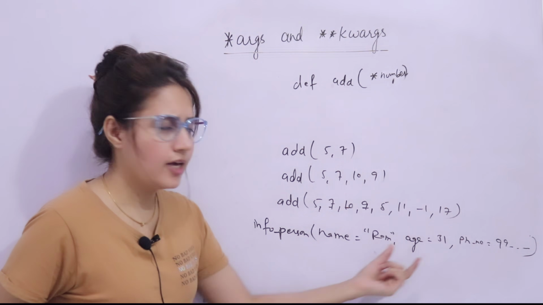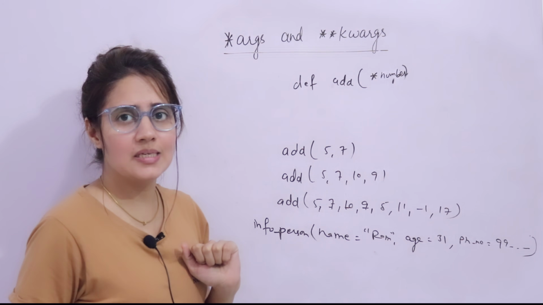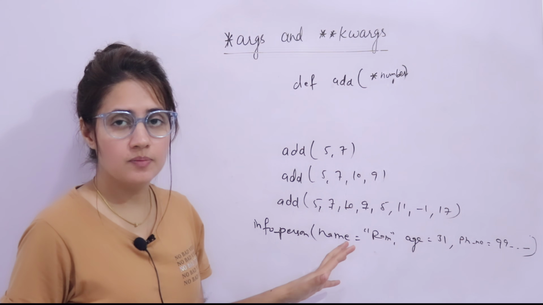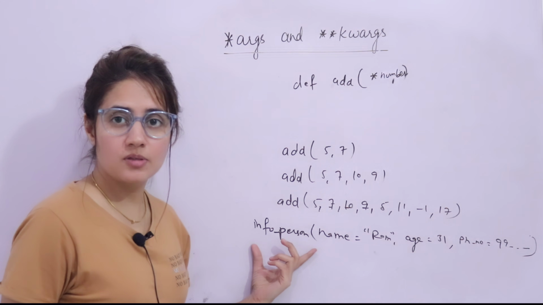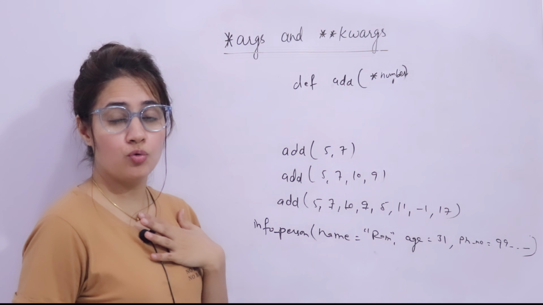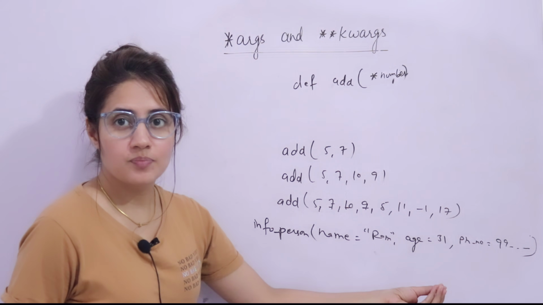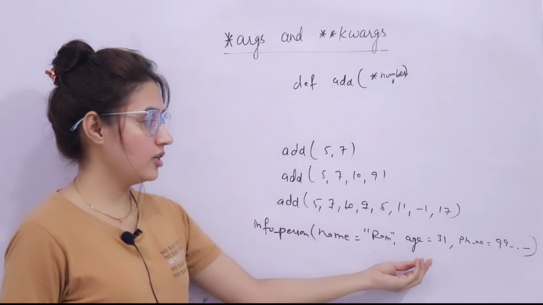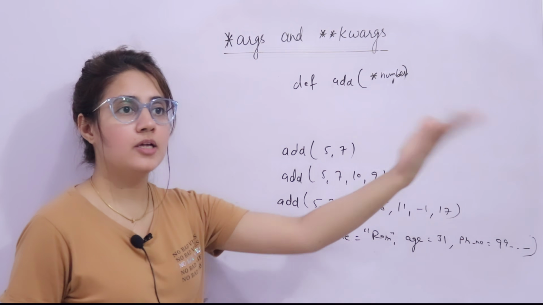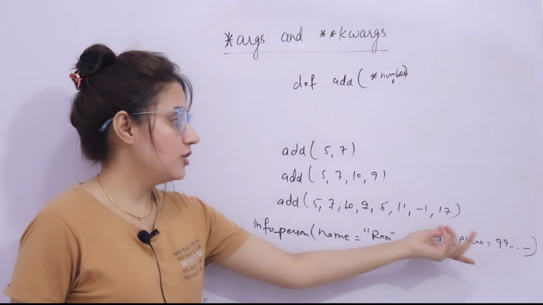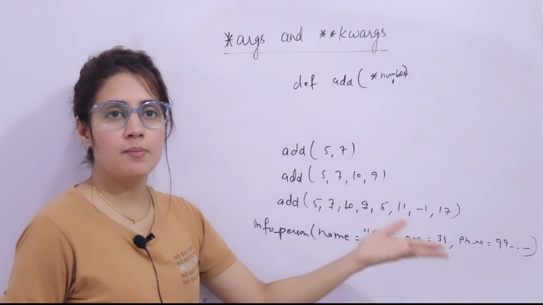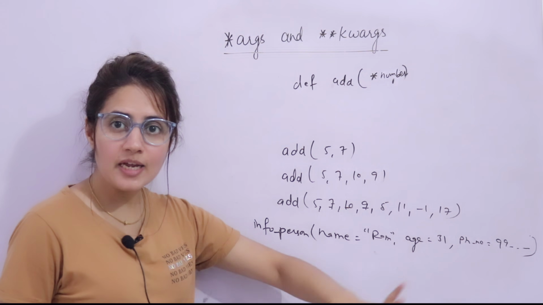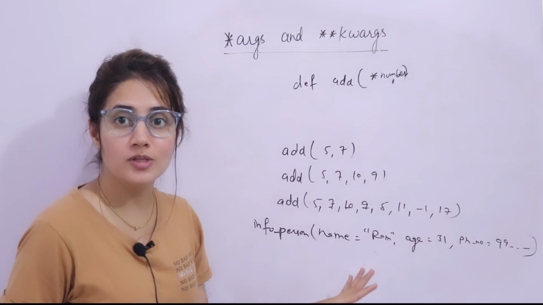These are keyworded arguments, but one star will not accept arbitrary keyworded arguments. Maybe some person doesn't want to reveal their phone number, so I will just pass name Jenny and age, that's it. Maybe some other person doesn't want to reveal age and phone number, and she wants to pass only name and maybe department. So every time we are passing a different number of arguments.